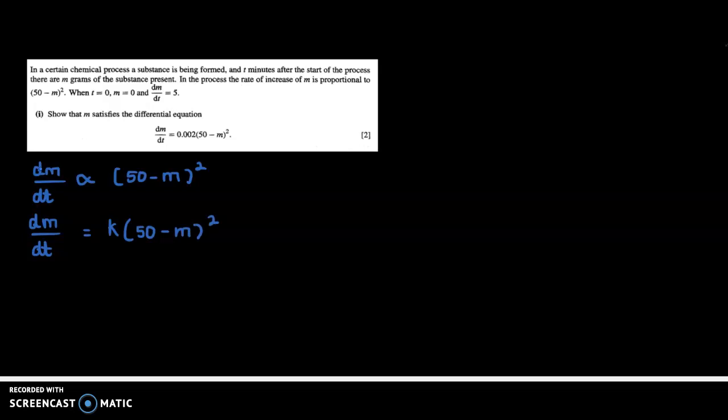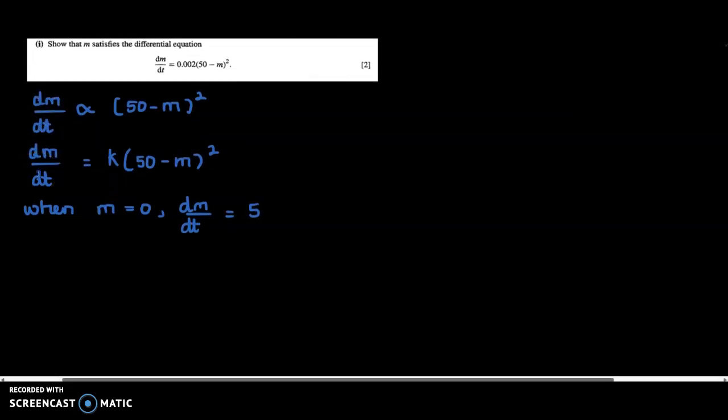And they gave you conditions. So when m is equal to 0, dm/dt is equal to 5. So we're going to make our substitution. So 5 is equal to k(50 - 0)². So k times 50 squared is equal to 5.